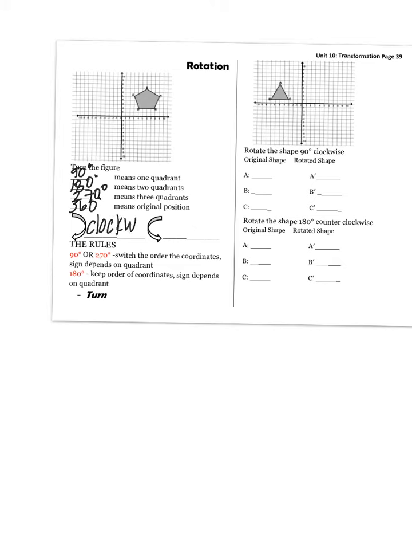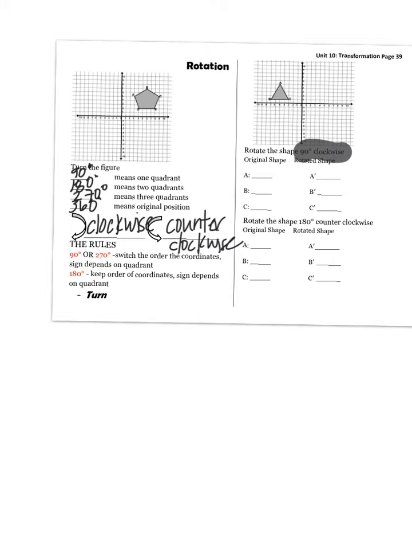Then we have clockwise and counterclockwise. Let's look at the example over here. We have this triangle, and they want us to rotate it 90 degrees clockwise.